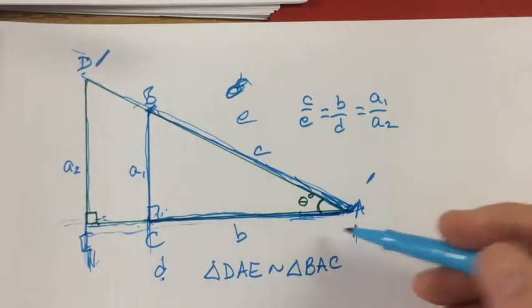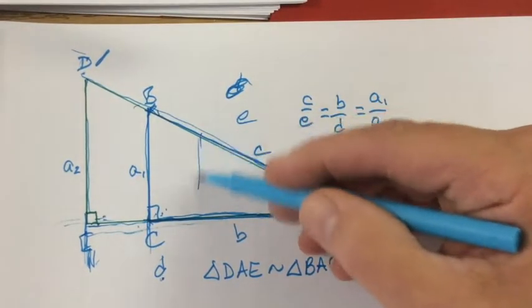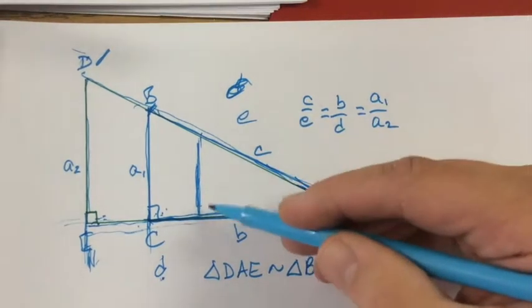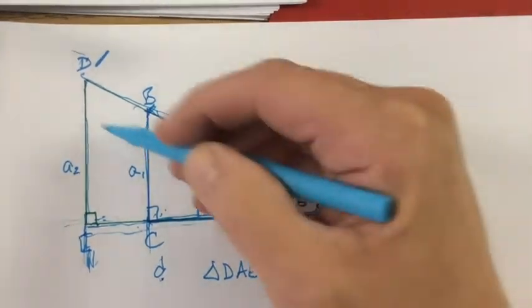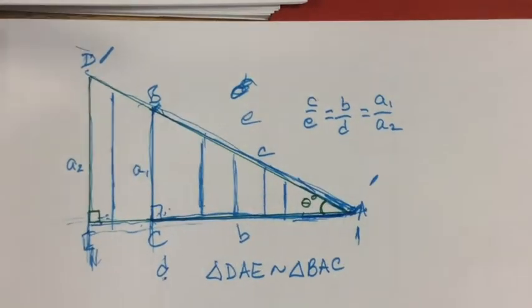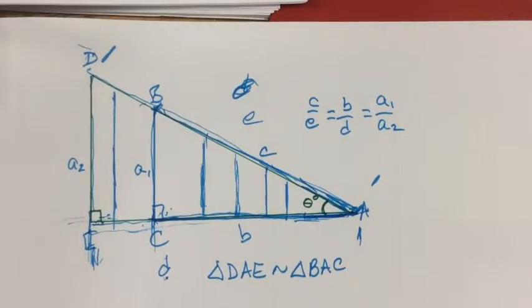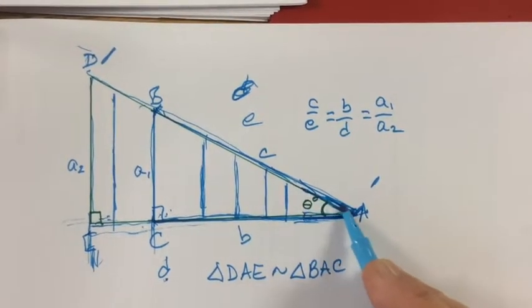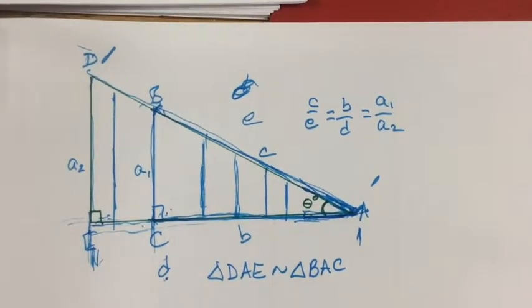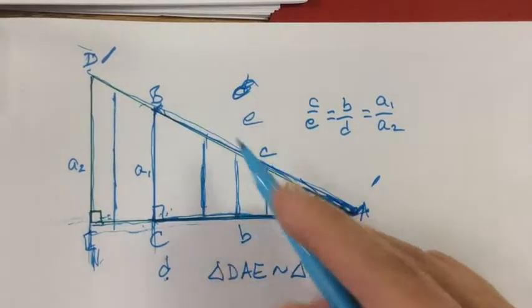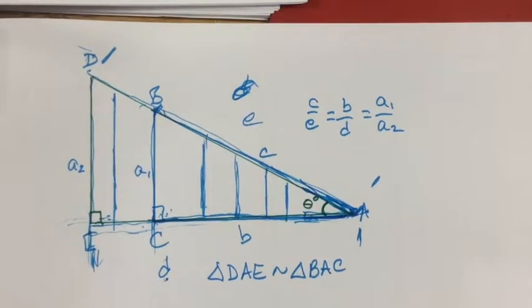Now, of course, if you think about this, anywhere I draw a right angle, here, here, here, here, here, I'm going to be creating triangles that are all similar to each other and that all share this angle and all have right angles here and all have ratios that are equal to each other.